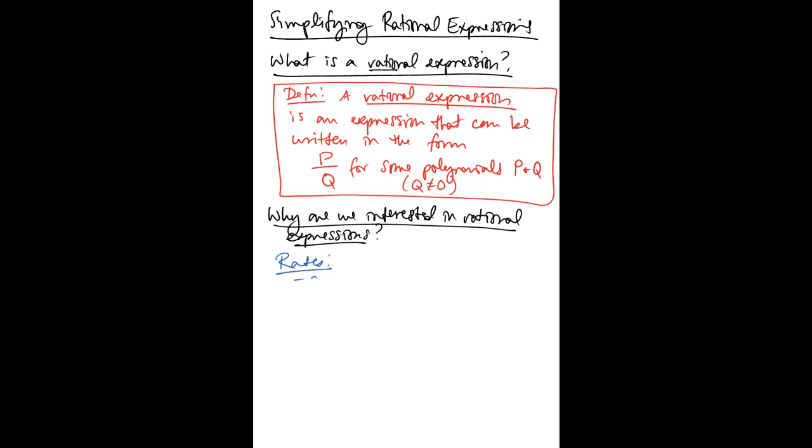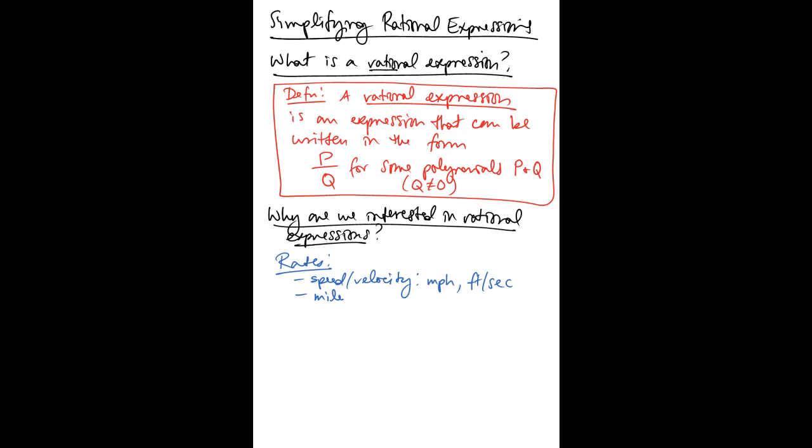Some examples of rates: speed or velocity, for example in miles per hour, or you might have seen in physics feet per second. If we had a polynomial expression that gave the relationship as how miles change over time, we could have a rational expression with a polynomial on the top, a polynomial on the bottom, that describes the way the relationship between those two things changes.